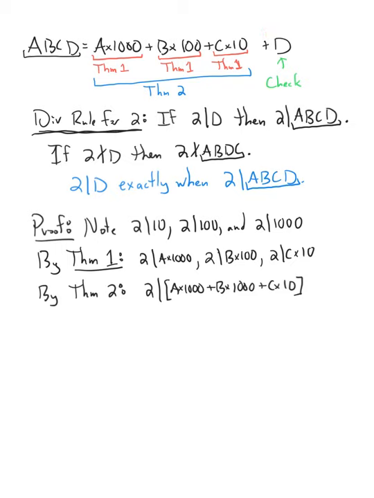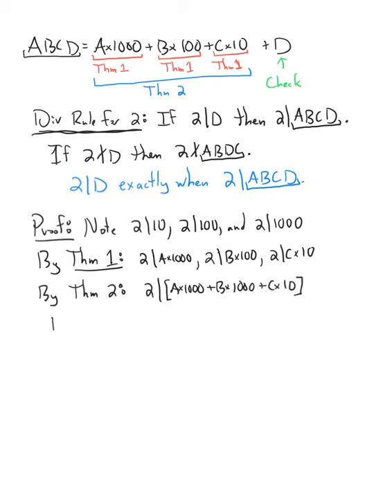If 2 is a factor of D, if D is divisible by 2, then we can apply Theorem 2 again. We have this number, which is divisible by 2, and then this number is divisible by 2, so the whole thing is divisible by 2. So Theorem 2 applies. But if it's not, if this is an odd number, then Theorem 3 applies. This number is divisible by 2, but this number isn't. And remember, Theorem 3 says if you have the sum of something divisible by 2 and something that isn't, then the sum is not. Okay.